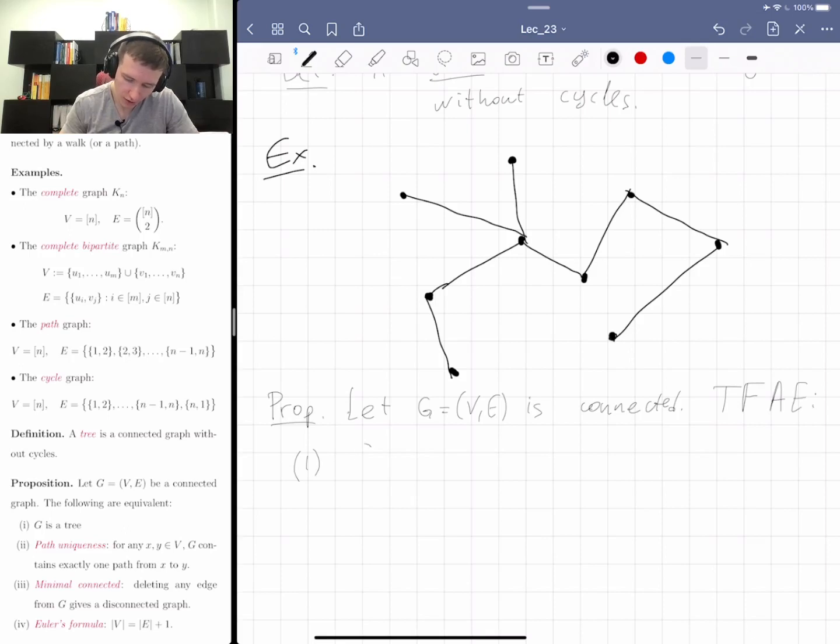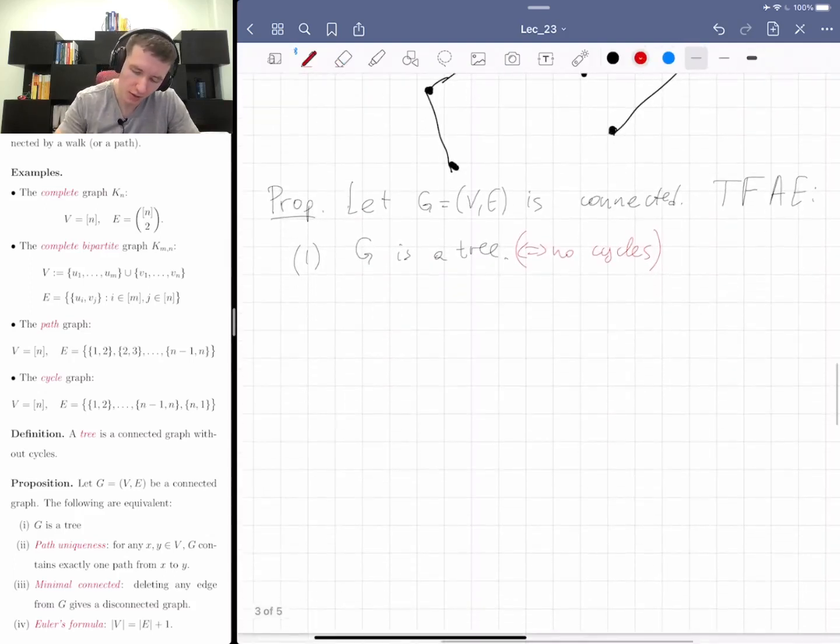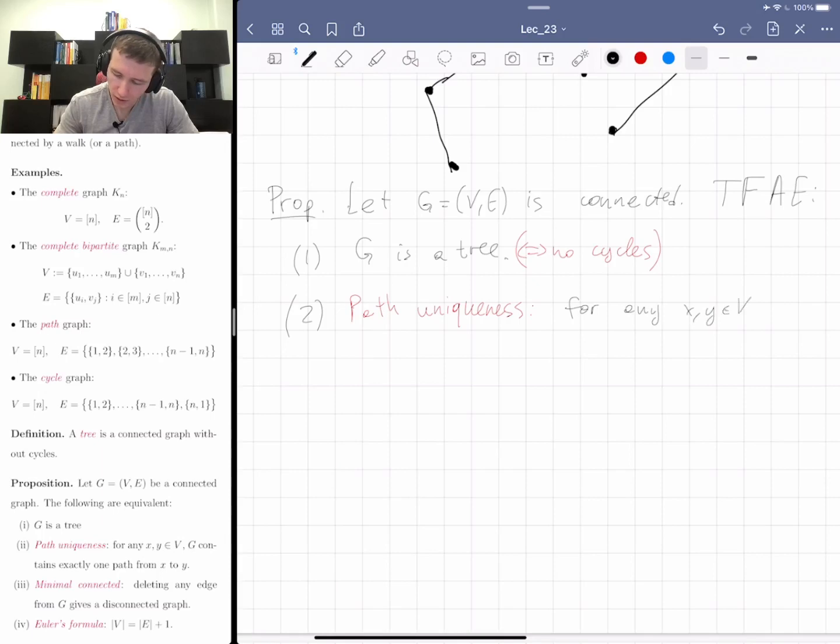The first one is that G is a tree, which means, in other words, there are no cycles, because I'm already assuming G is connected. The second one is path uniqueness, which is that for any two vertices x and y, G contains a unique path from x to y.